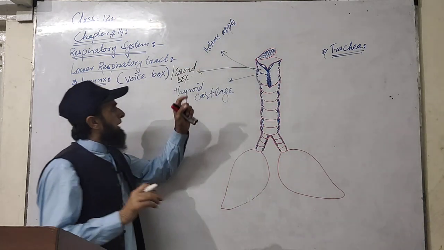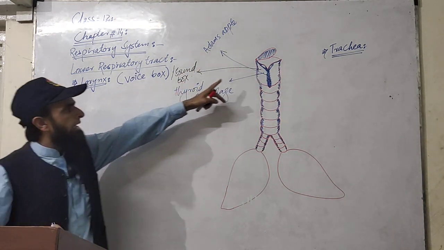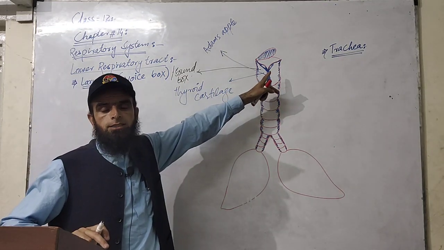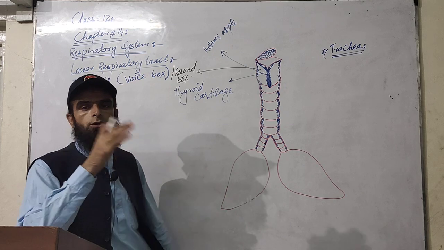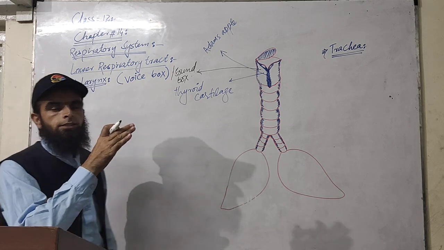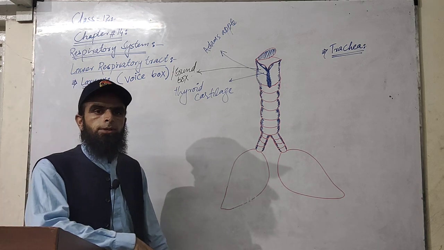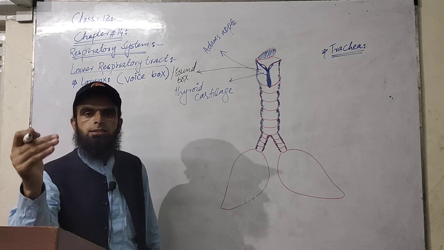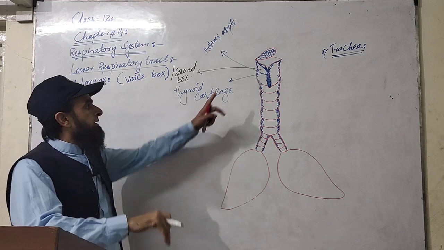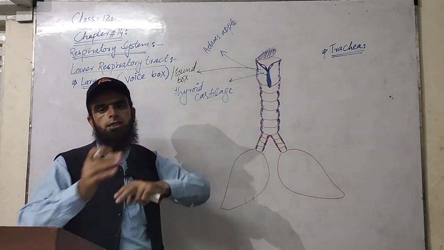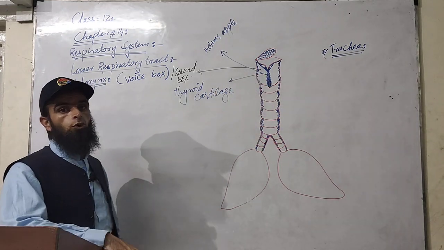I have told you that this is made of cartilaginous plates. These are formed of cartilaginous plates before a baby is 16 years old. When a baby grows up till 20 years of age, this is in the form of cartilage. After that, these plates are converted into bony structures.